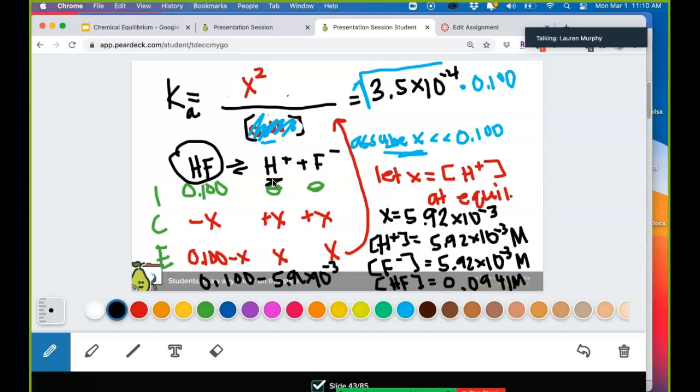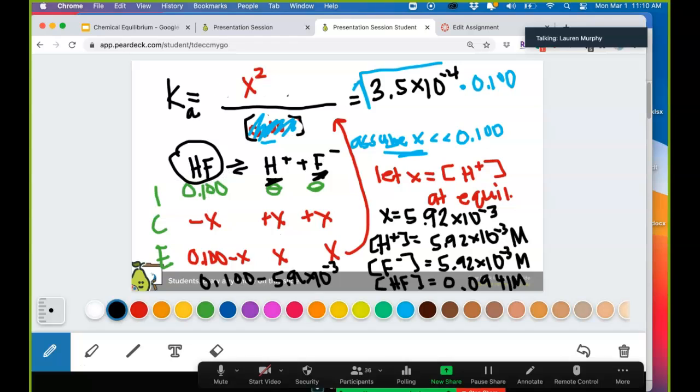There is a little bit of concentration of this and a little bit of concentration of this. And because there are small concentrations of the ions present, it does conduct electricity a little bit, but it is a weak electrolyte because it's a weak acid. There aren't a ton of ions in there, okay? It's mostly this guy.